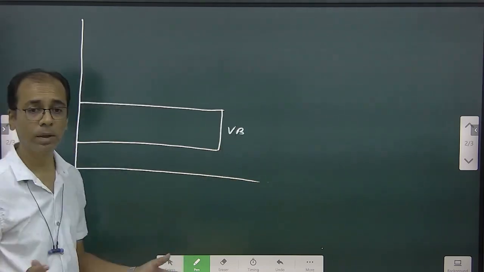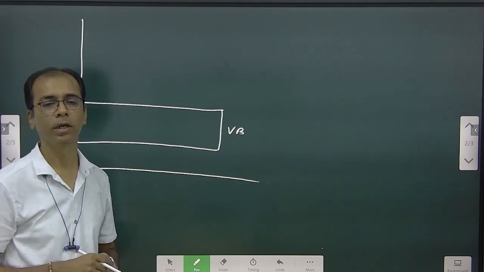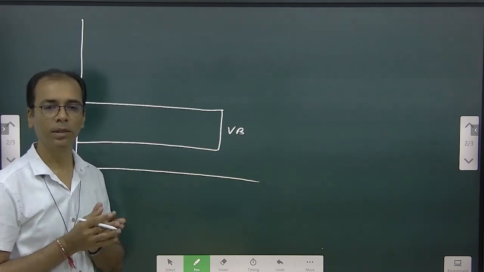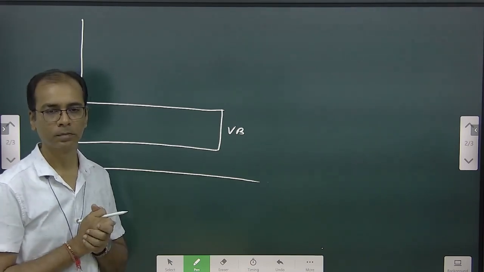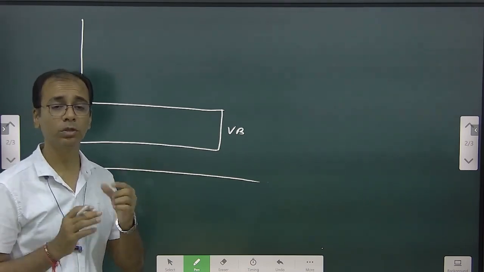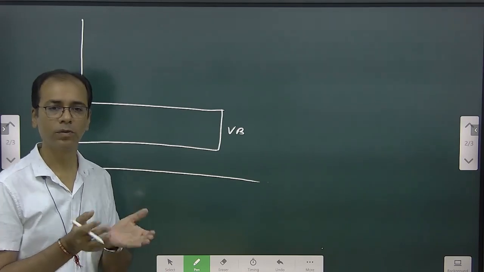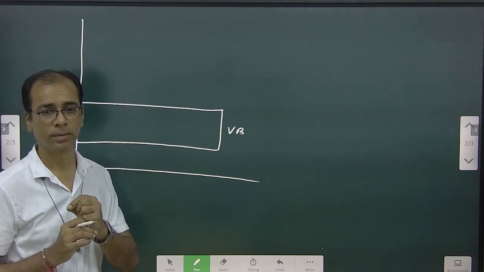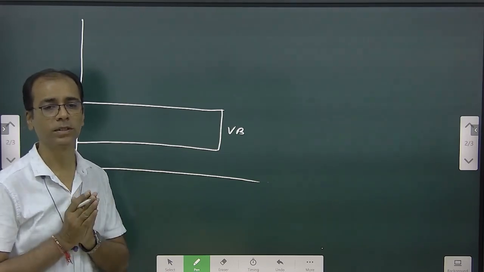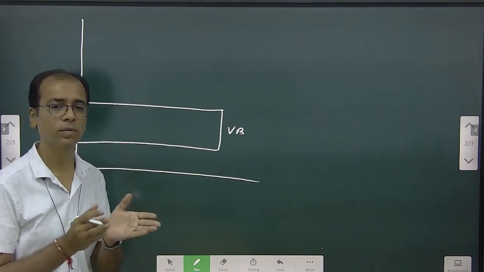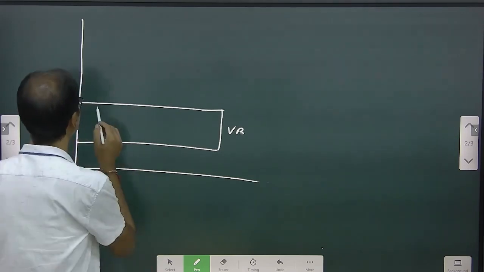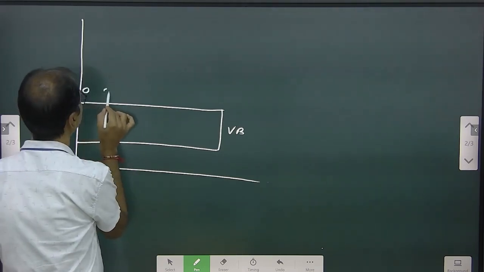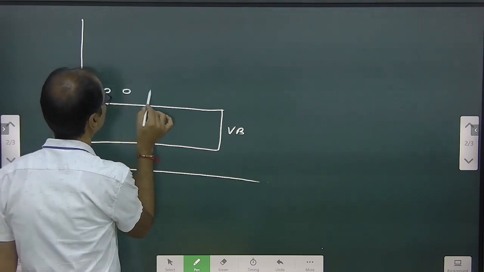When we are mixing a trivalent impurity, the available electrons make covalent bonds, and then a hole is created. The holes are very close to the valence band only. So here we can make those holes. Like here. These are holes.